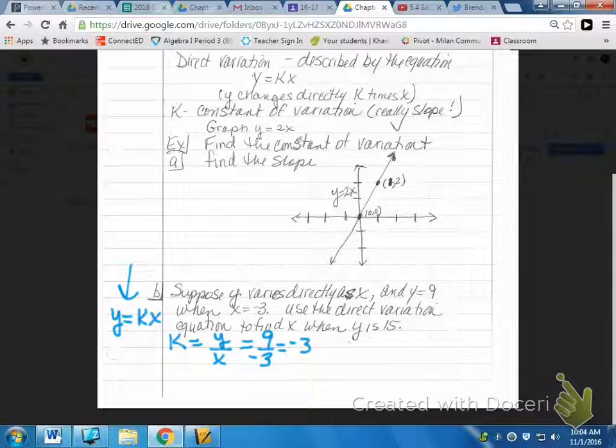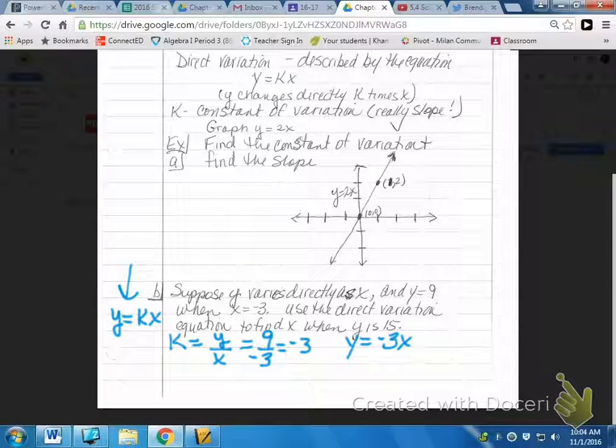So that means my equation would be y equals negative 3x. If we found our constant of variation to be negative 3, the equation that is described there is y equals negative 3x. So now it says use that equation to find out what x is when y is 15.